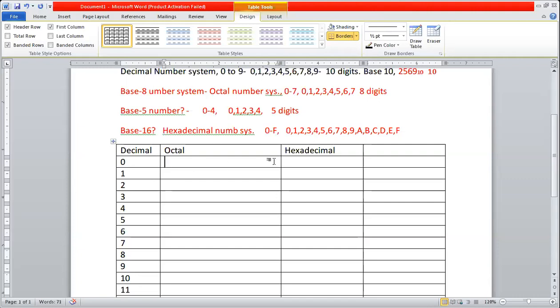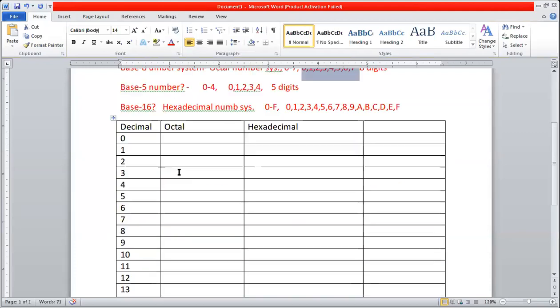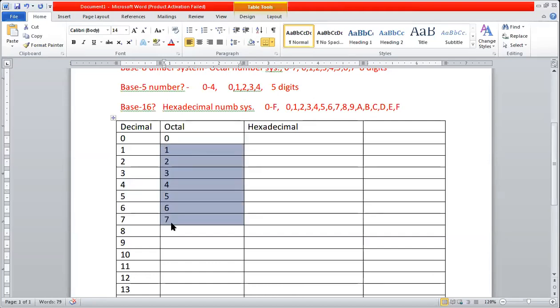Okay, then what about the octal number system? In octal, we have 0 to 7. So here 0, 1, 2, up to 6 and 7. So after 7, we don't have any digit to represent the next number in the octal system. So what do we do? We combine two digits again. That is 1, 0.